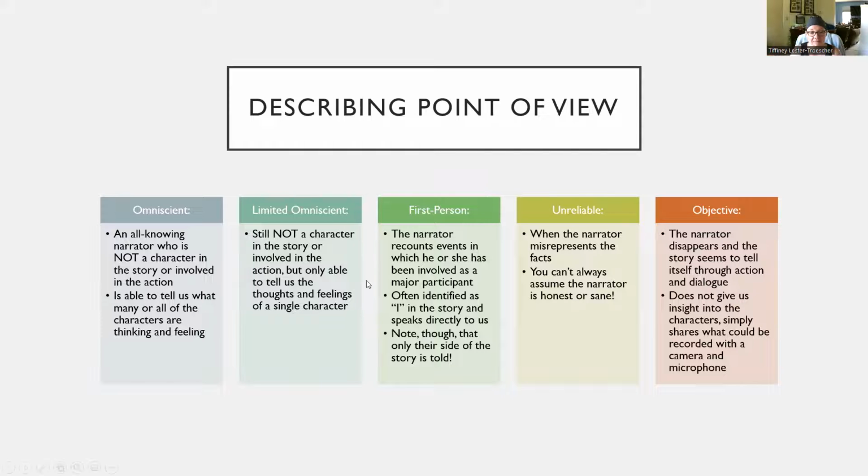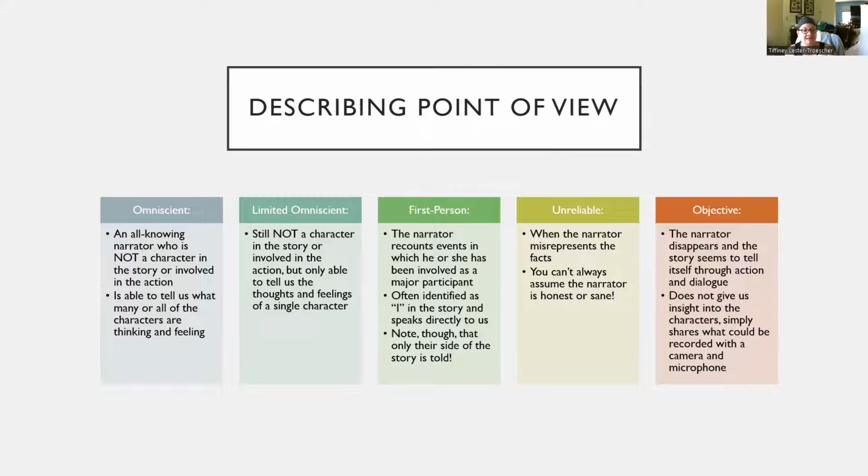We have a limited omniscient narrator. So this narrator is still not a character in the story. It is still somewhat all-knowing, all-seeing, but it's limited omniscient. So they don't have access to every single character's thoughts and feelings.